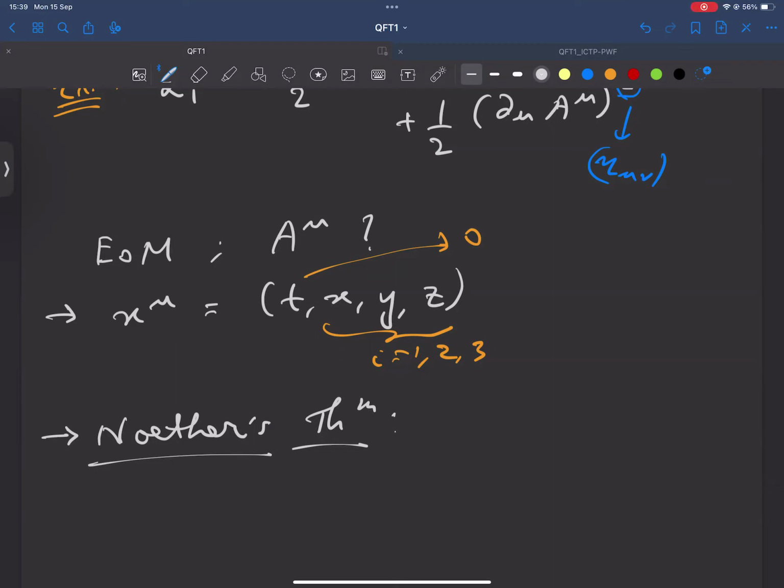But one quick thing to note, and many of you would have already noticed: I said space translations, momentum conservation; rotations, angular momentum; time translations, energy. It's true that we haven't yet seen how this works in field theory, but you can already see why they are paired this way: space and momentum, rotations and angular momentum, and time and energy.